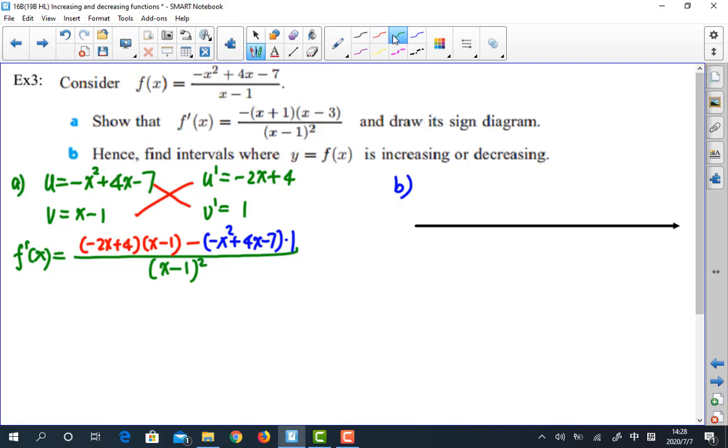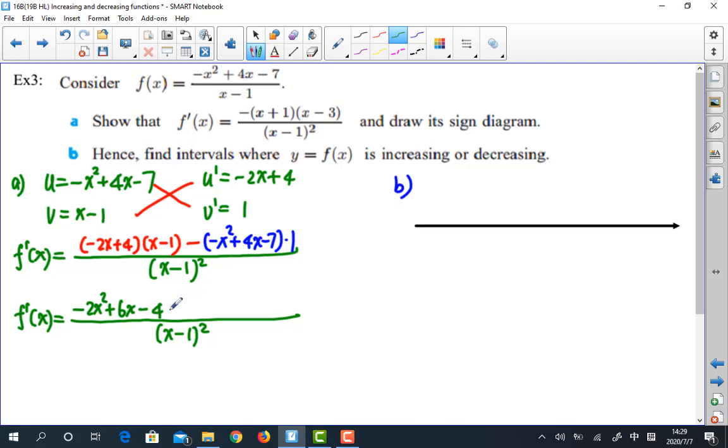So right now we only need to simplify the numerator. Let's keep the denominator the same. So expand the numerator, negative 2x squared plus 6x minus 4, and combine the like terms. So expand the brackets, combine the like terms. That's what we can get from this one times this one.